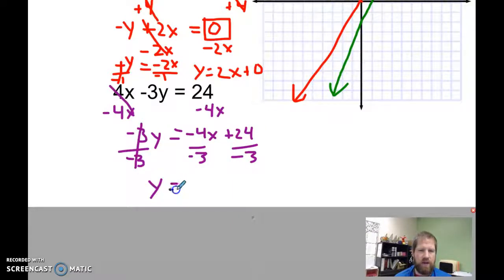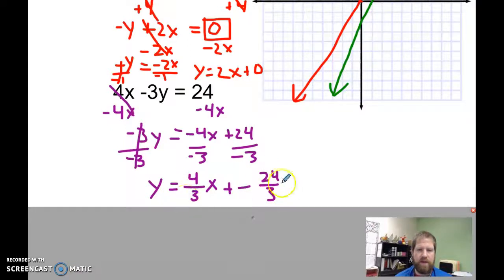So I'd have y equals negative 4 over negative 3, or 4 over 3x, plus a negative, because I got a negative there, 24 divided by 3. And we'll just leave it as 24 thirds.